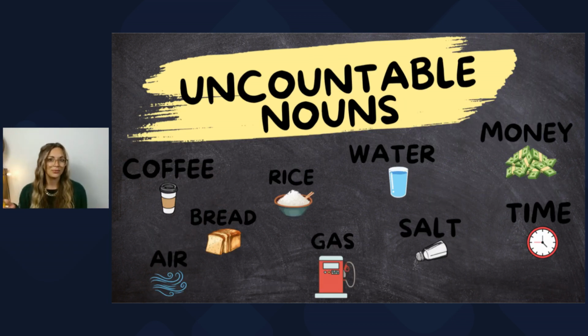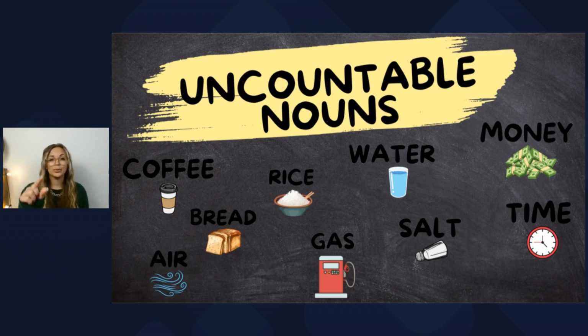Let's talk really quickly about uncountable nouns. I could go on for days, but I want to talk just for a minute about the difference between countable and uncountable. Countable nouns are what you can count. So 1, 2, 3, 500, 1,000, 3,001.